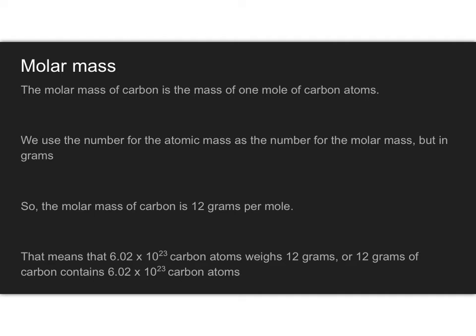So we take the same number and we put the unit grams with it. That means that 6.02 times 10 to the 23rd carbon atoms, which is a mole of carbon atoms, has a mass of 12 grams. Or, do it the other way: if you weigh out exactly 12 grams of carbon, you would have exactly 6.02 times 10 to the 23rd carbon atoms.